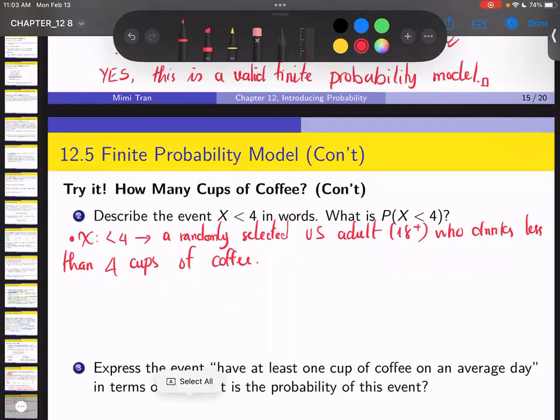So that's X less than 4. What about P of X less than 4? All you have to do is turn that into a probability, so pretty much the same thing.